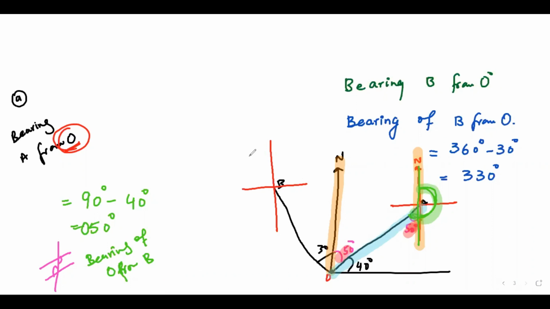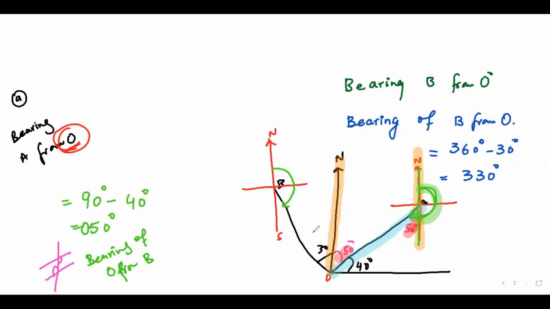If this is my north, then this is south. I have to start from my north and come to O. This is the point O. So I have to find the bearing of O from B. This is my point B where I plot the north. I have to find this whole angle up to this line.